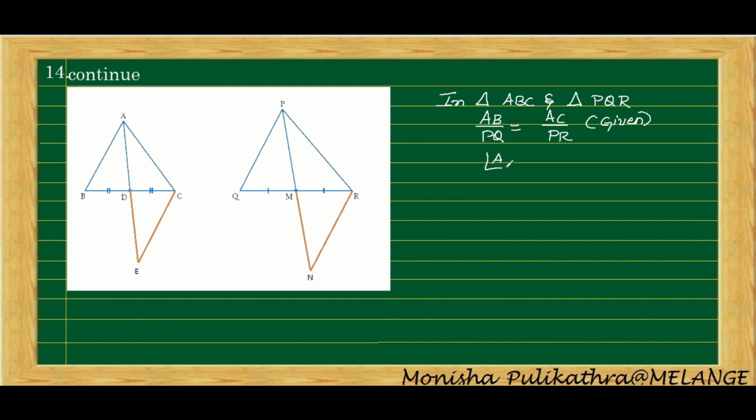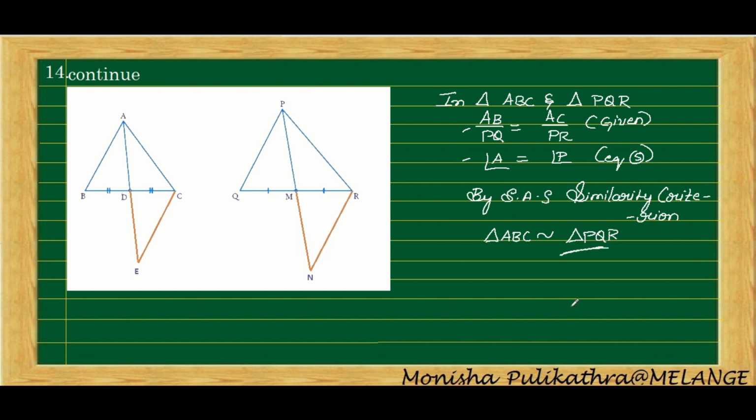Next, we have just proved angle A is equal to angle P by equation 5. If two sides and the included angle are equal, by the SAS similarity criterion, we can clearly say that triangle ABC is similar to triangle PQR. It was a little lengthy problem. I hope you understood this.